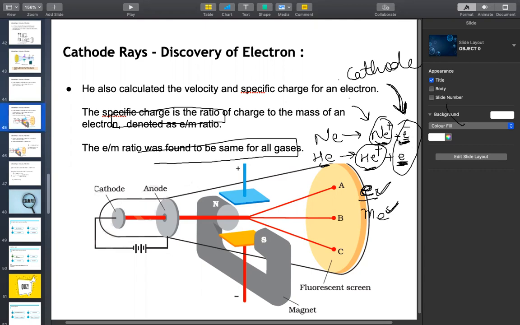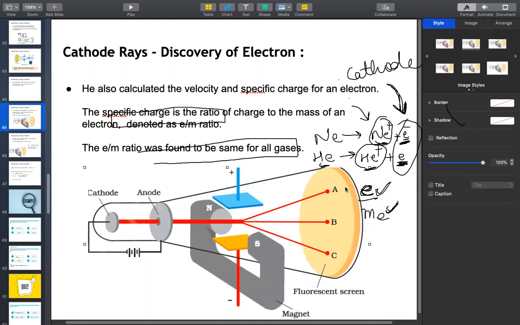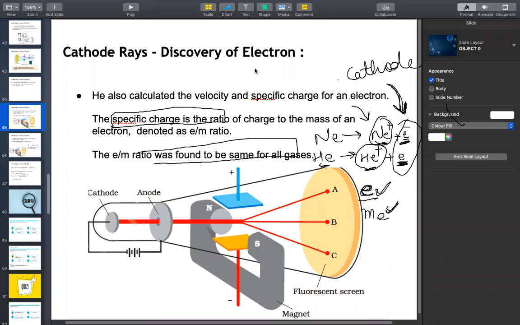So charge of electron by mass of electron. Charge of electron is represented by e, that is why I am writing e. Specific charge ratio is a term given. Are you having doubt in this? Why we are saying it is a specific charge?